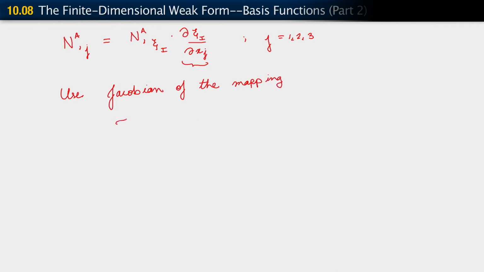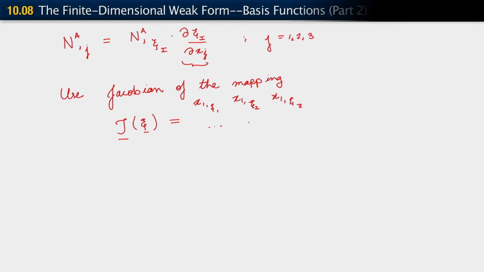And that, when we write it out as a matrix, is the following. J, depending upon the coordinates in the bi-unit domain, is, we know this all very well now, ∂x1/∂ξ1, ∂x1/∂ξ2, ∂x1/∂ξ3.